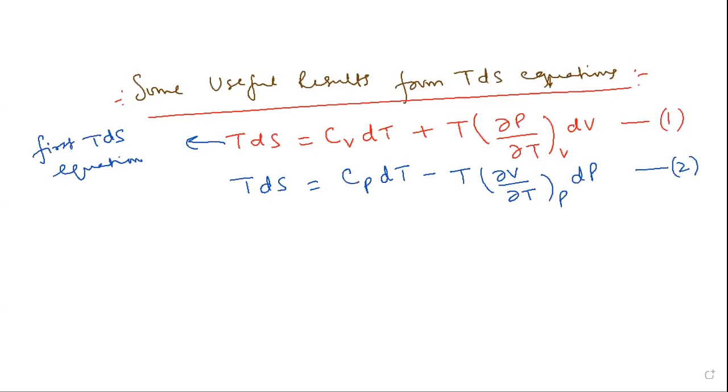TDS equals Cp dT minus T dou V by dou T at constant P dP. So this is our second TDS equation, right?